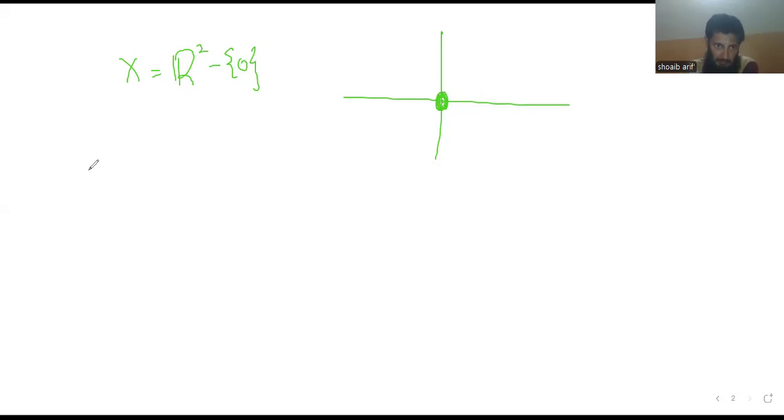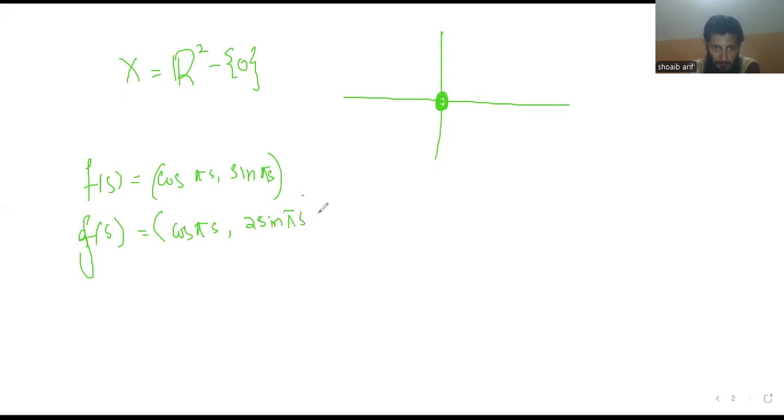Let's define a path f of s equal to cos pi s comma sin pi s. Let's take another path g of s equal to cos pi s comma 2 sin pi s.